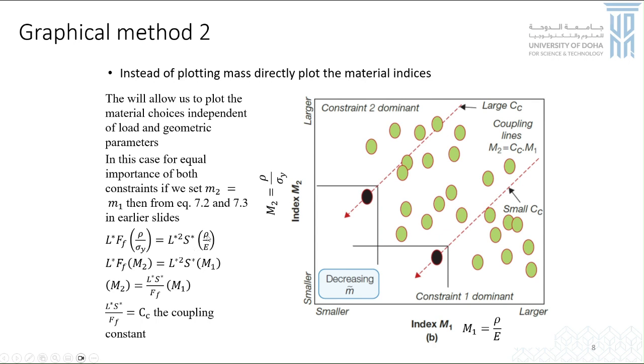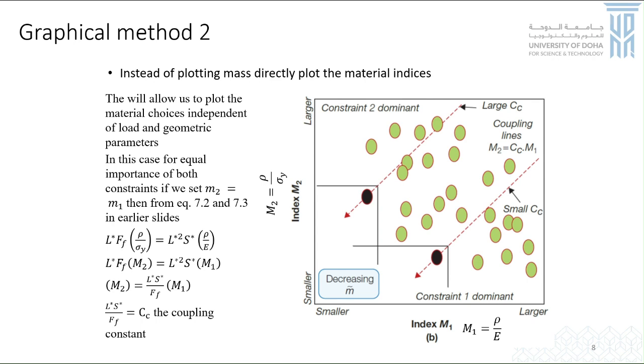If I now equate these and rearrange, I end up with an equation between density over sigma yield, which is my M2, is equal to Ls over F into density over E, which is my M1. Okay. So in this case, this constant will be called your coupling constant, because it is allowing you to relate one material index with the second material index.